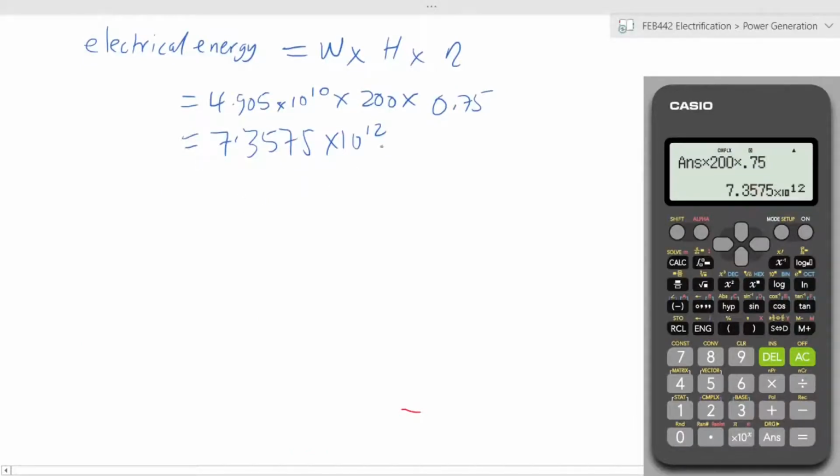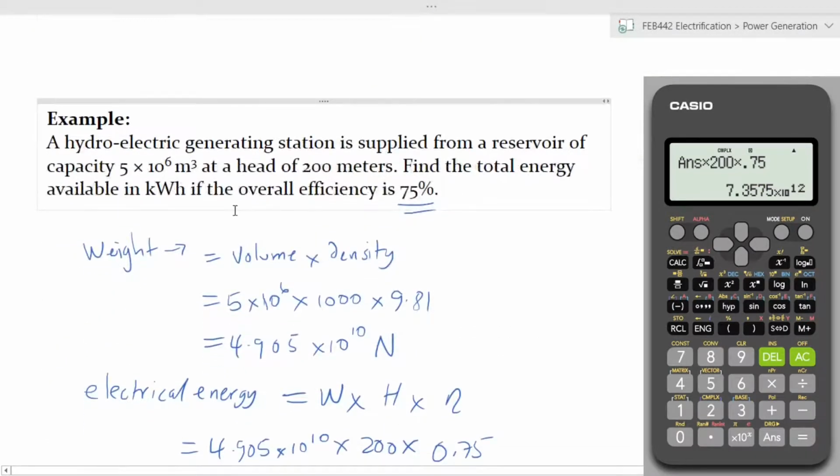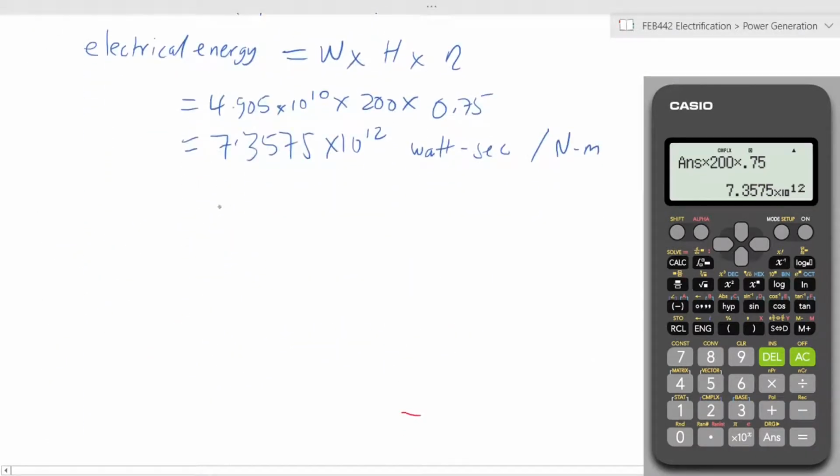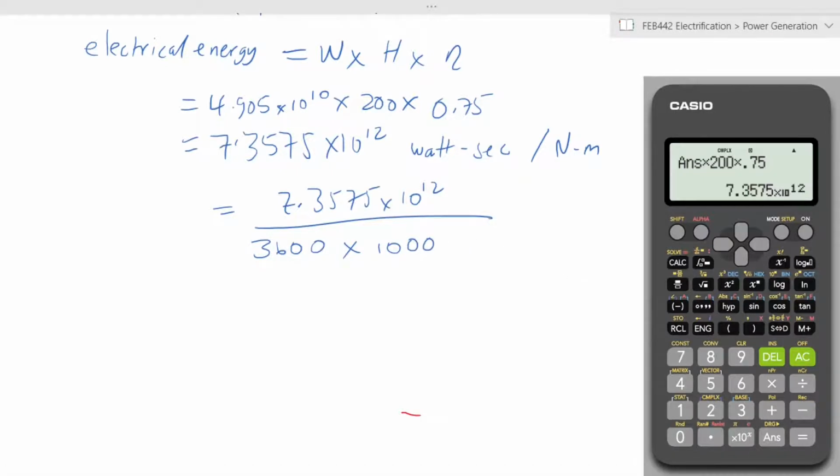Now these are units of watt seconds, which are similar to newton meters, because we are multiplying newtons times meters. In order to get kilowatt hours, which is what we were asking for, you then divide by 3,600 seconds in an hour times 1,000 to make it kilo.